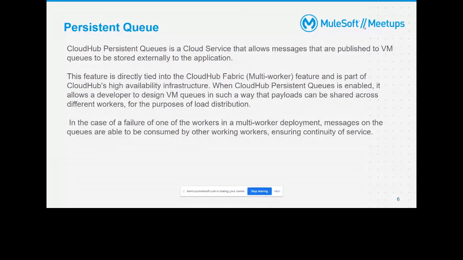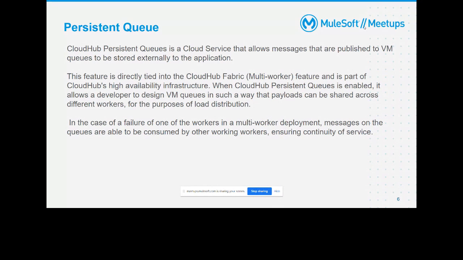Otherwise, it creates the queue in memory. So when you select the enable persistent queue option while deploying the application, the queue is created externally. It will not be part of your application, and it will not be in memory.